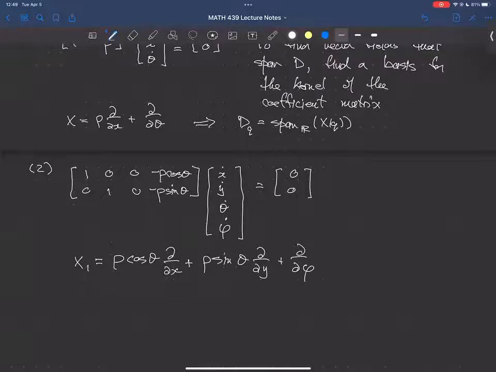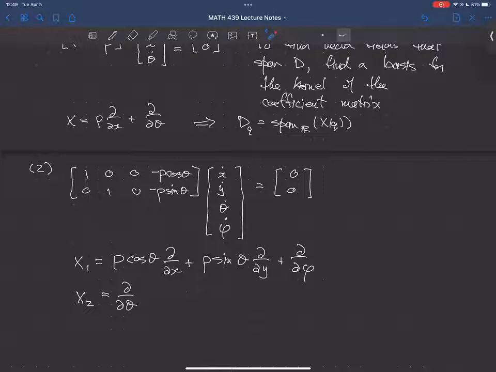And then the other one is kind of obvious just because there are zeros here, so that's d by d theta.